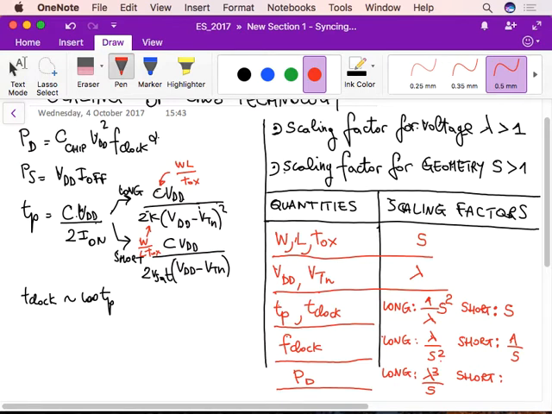For short ones, we have S times lambda squared times 1 over S. So we have only lambda squared.